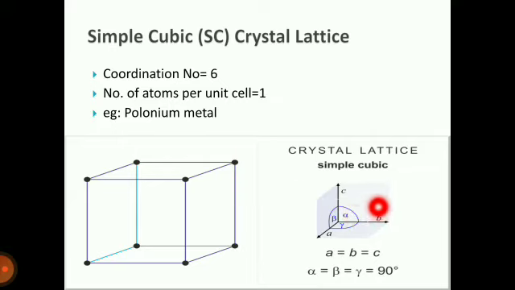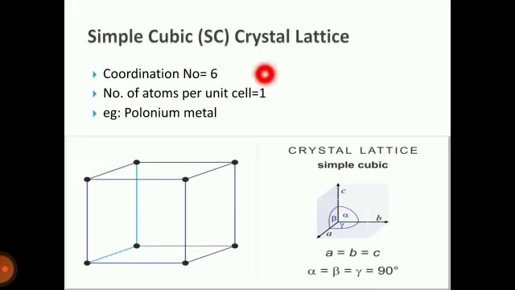These are called unit cell parameters, and for simple cubic lattices the axial lengths are equal, that is a = b = c. The intercepts on all the axes are equal, and the angles between these edges are alpha = beta = gamma = 90 degrees.